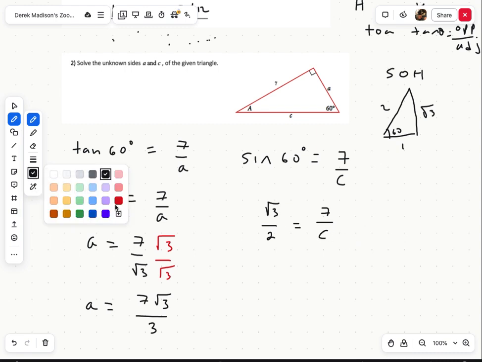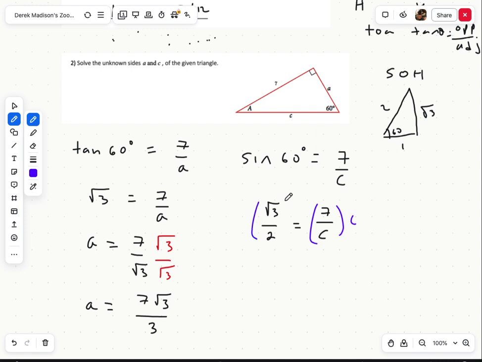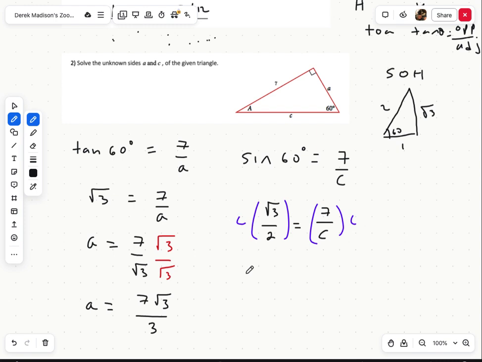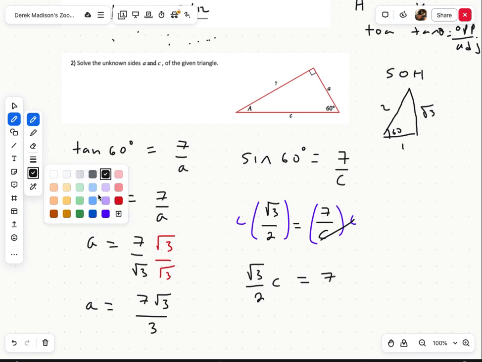Let's go ahead and multiply both sides by c. And then we have root 3 over 2 times c equals, those canceled, 7. And then to get this out of there, I wanted to show that step. We're going to multiply by the reciprocal on both sides to get this down to a plain c.